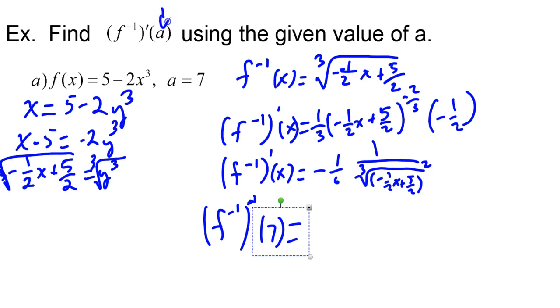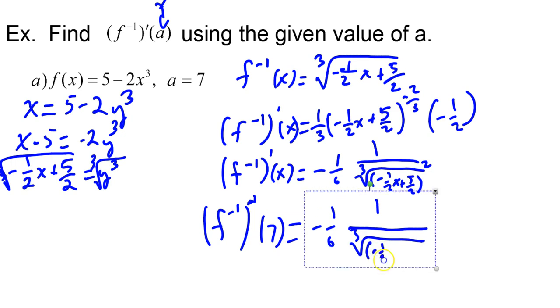This is the same thing as x, right? I would just go -1/6 times 1 over the cube root of -1/2 times 7 plus 5/2, and then squared, all right?